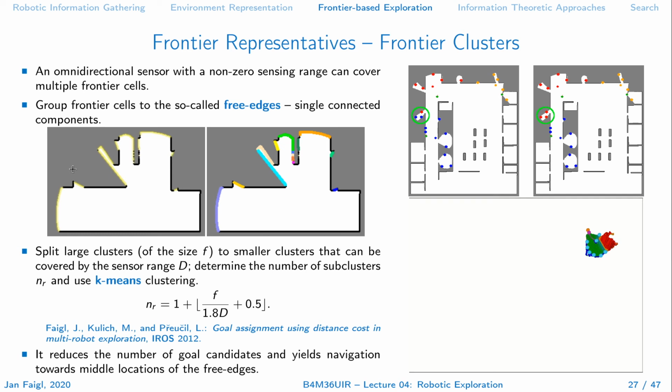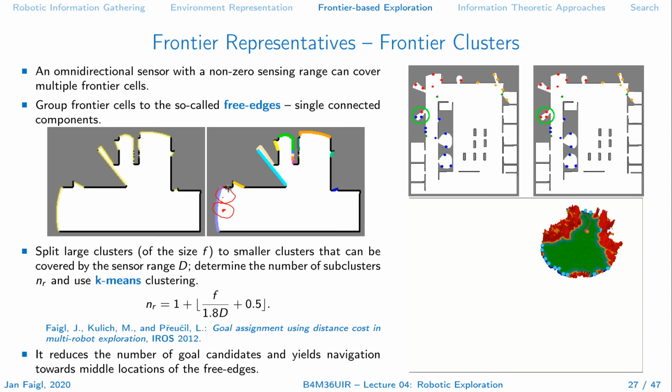representatives of free edges, so we can identify these clusters as single connected components, and instead of considering all possible cells of this free edge, we actually cover it. The idea is that we have an omnidirectional laser scanner, so it covers something like this disk.